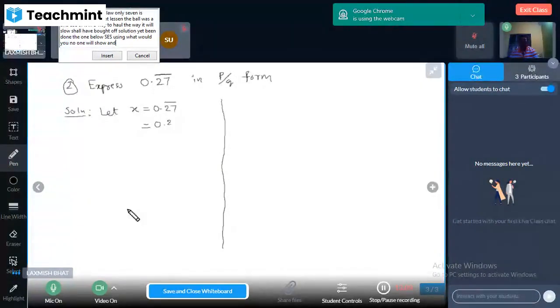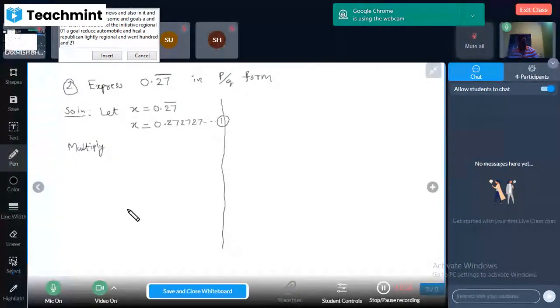So 27, 27, 27 and so on. Take it as equation number 1. As 2 digits are repeating here, we have to multiply equation number 1 by 100.